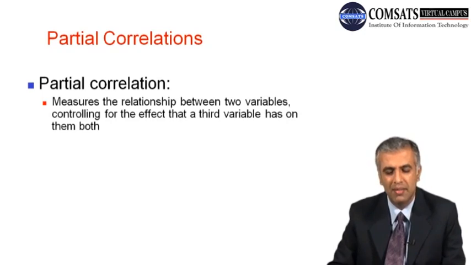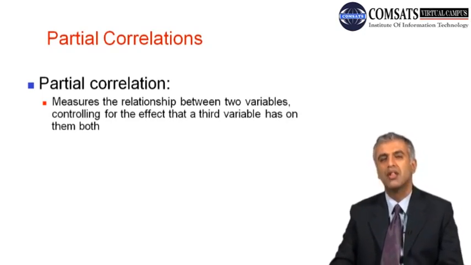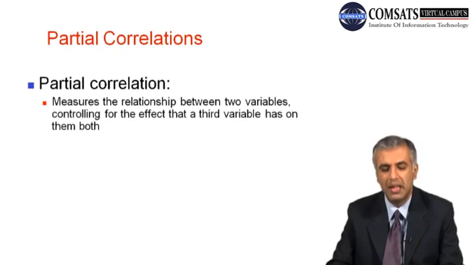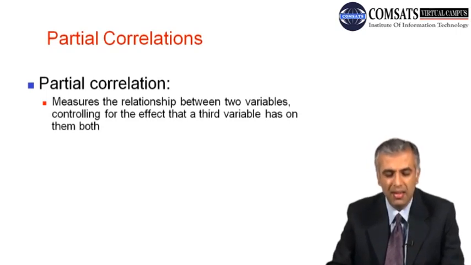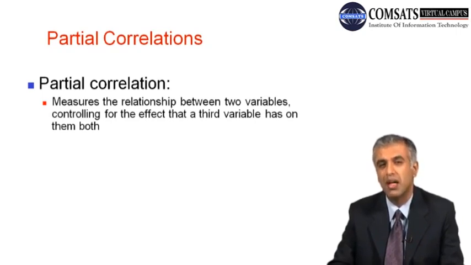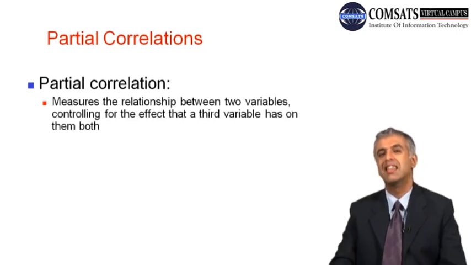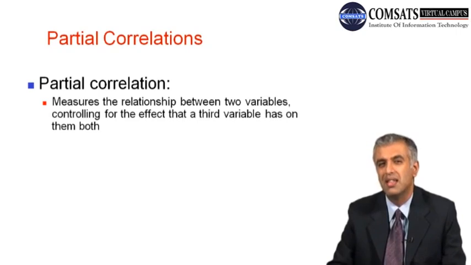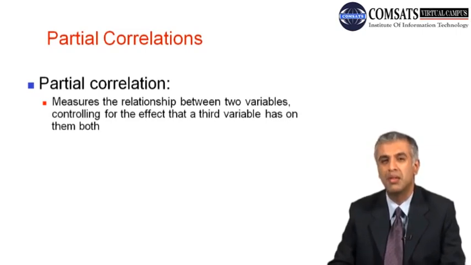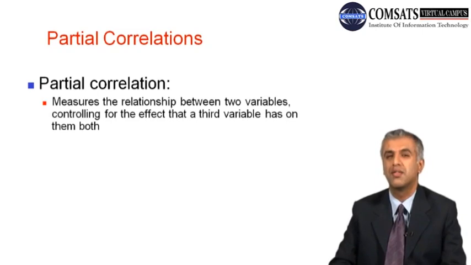Partial correlation is used to measure the relationship between two variables while controlling for the effect of a third variable. As we discussed before, one drawback of correlation is that it may not give us exact detail of whether a third entity may be impacting the relationship between two variables whose correlation we are trying to find.